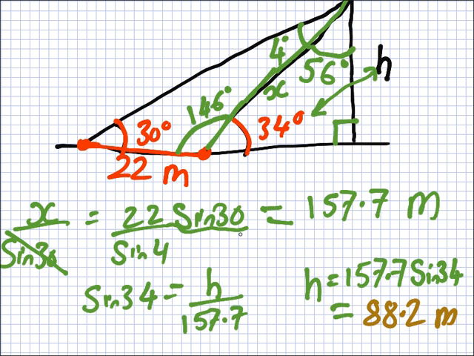How did you get these degrees? The 146 and the 4? The 146 is because these must add to 180, and we know this is 34, so 180 minus 34 is 146. Then 146 plus 30 is 176, and these angles in the triangle must add up to 180, so this one must be 4.